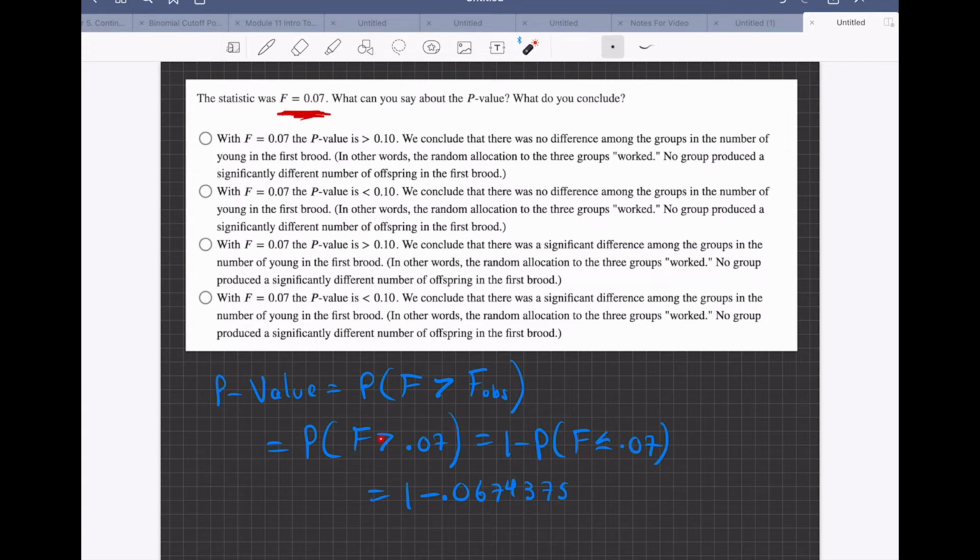How do I compute what I want? Subtract that from 1. 1 minus the result from Minitab, and you're going to have the answer. The answer is going to be 0.9325.